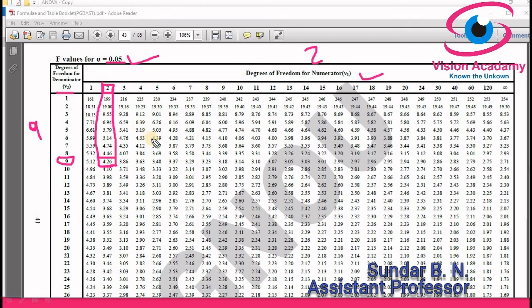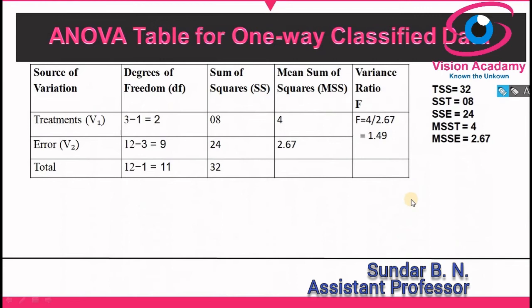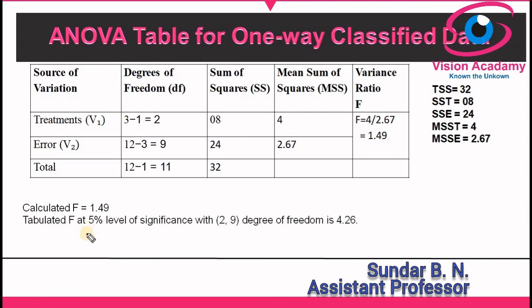You need to take the right information, the right table value, then you can compare the table value with the calculated value. So let us compare the table value with the calculated value then. As I told you, our calculated value is 1.49. That's the calculated value, and the F table value at 5% level of significance with V1 2, V2 9 degrees of freedom is 4.26, which we obtained from the table. Now it is time to take the decision.